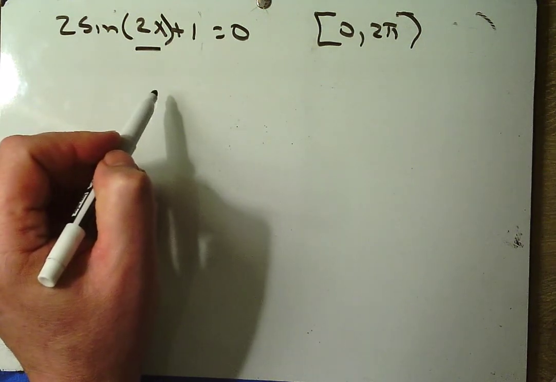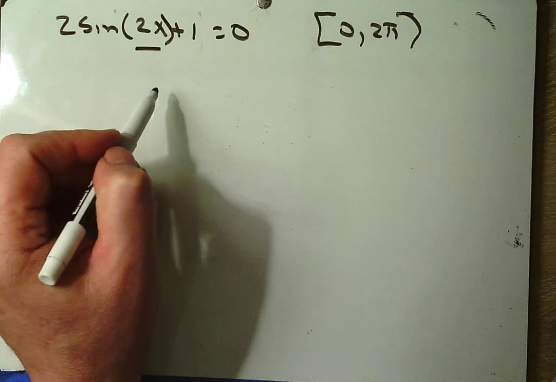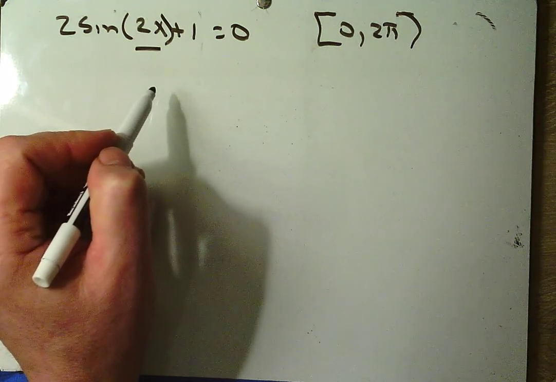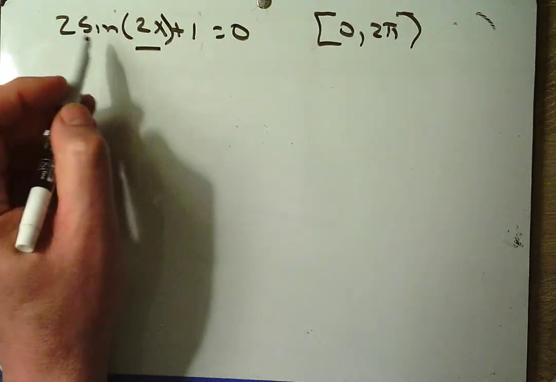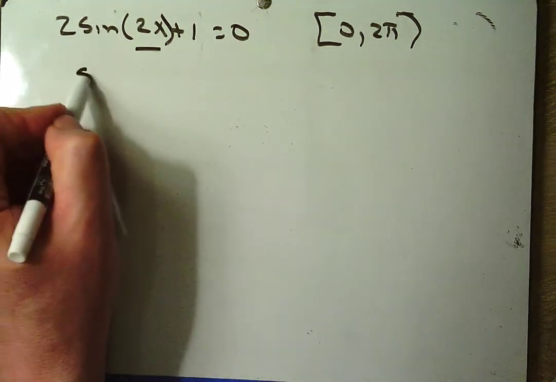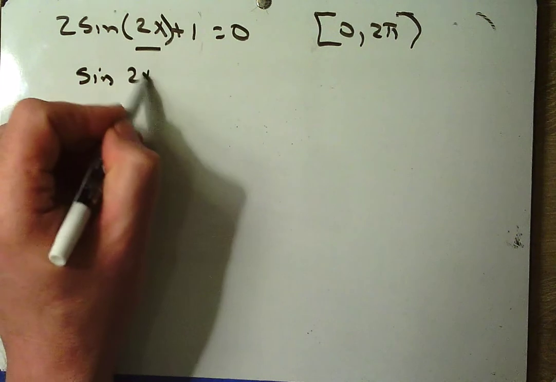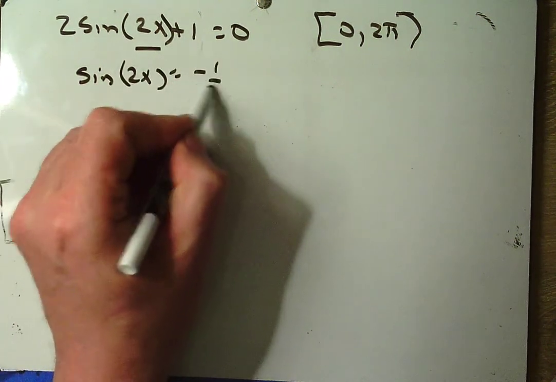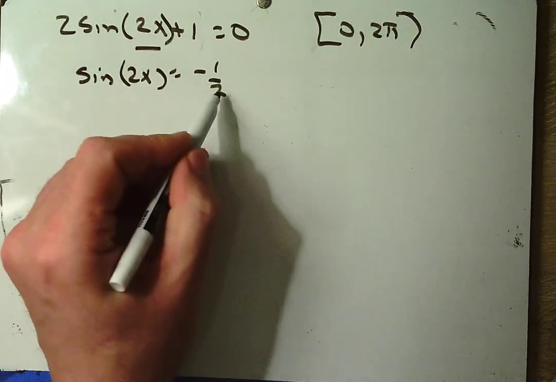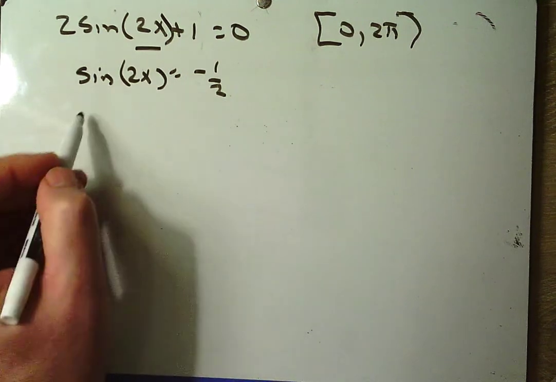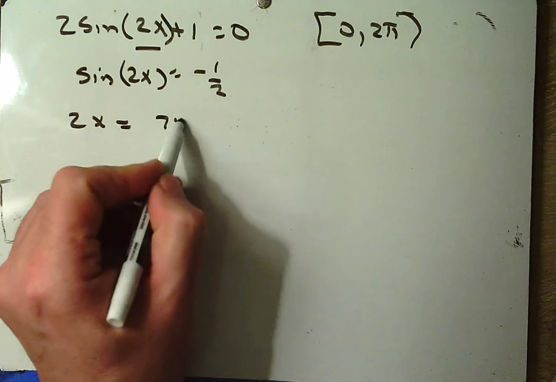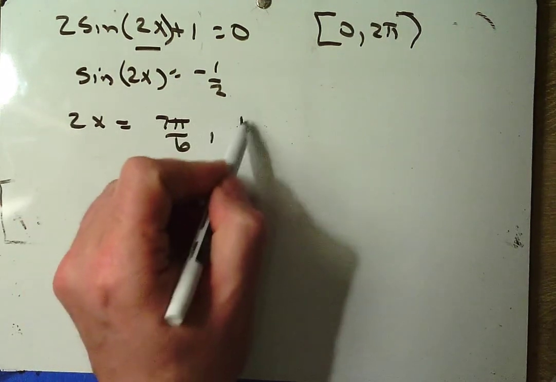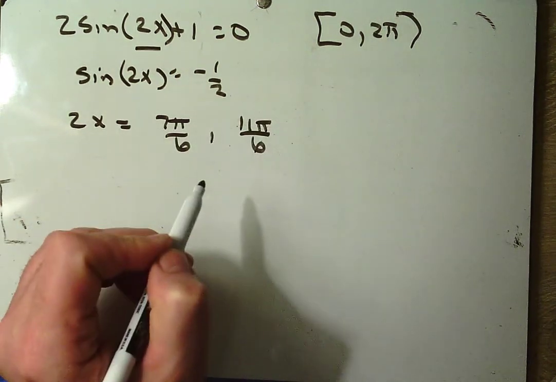And since I only have that, I'm not going to use the sine double angle formula, but instead I'm going to do sine 2x equals negative 1/2. When does sine equal negative 1/2? Well, that happens when 2x is equal to 7 pi over 6 and 11 pi over 6, we said.